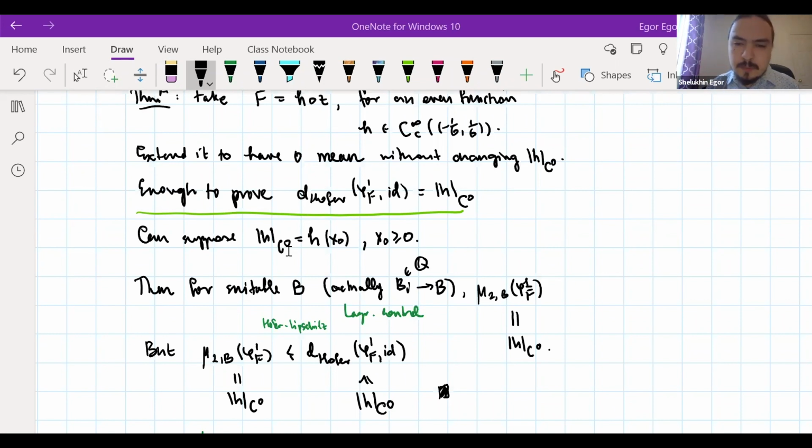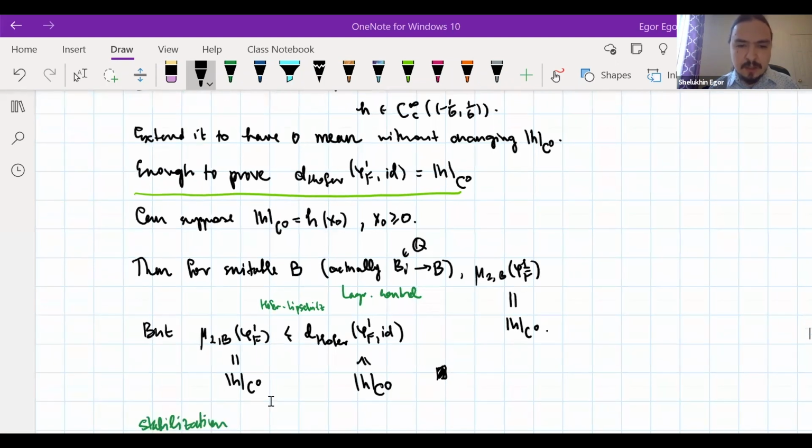So for this suitable B, mu 2B of phi1f, by the Lagrangian control property, is exactly H evaluated at this x0, which is exactly the C0 norm of H. So mu 2B of phi1f is the C0 norm of H. But on the other hand, mu 2B of phi1f is Hofer-Lipschitz, so it is less than d Hofer of phi1f and identity.